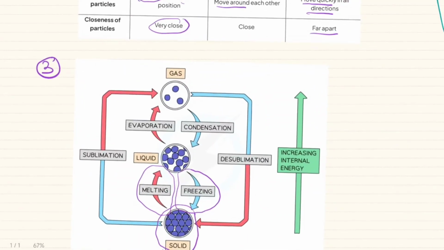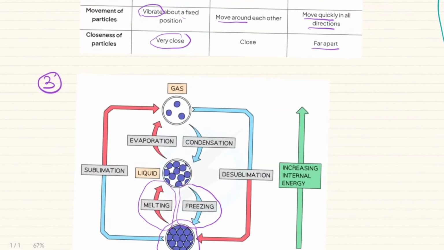And if we want to turn liquid into gas, we can use evaporation. Just keep in mind that evaporation is not exactly boiling, and you might lose some marks if you confuse the difference between evaporation and boiling.